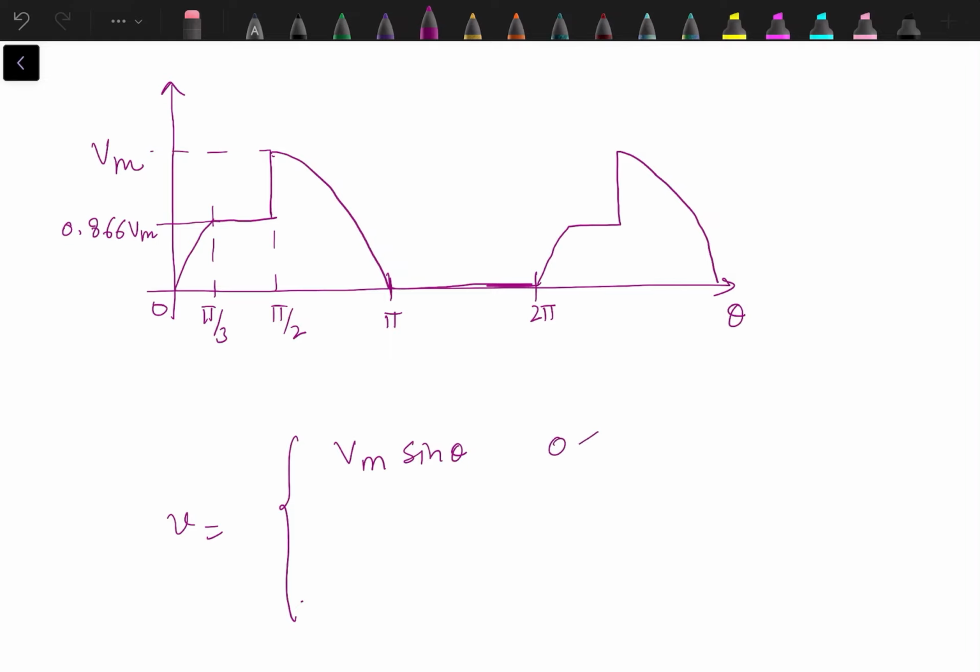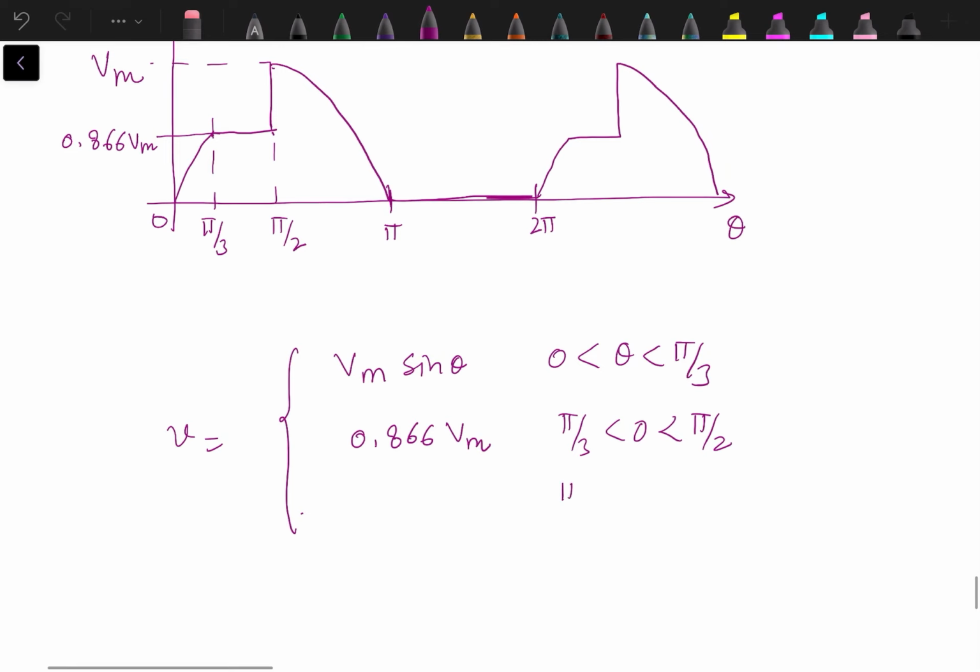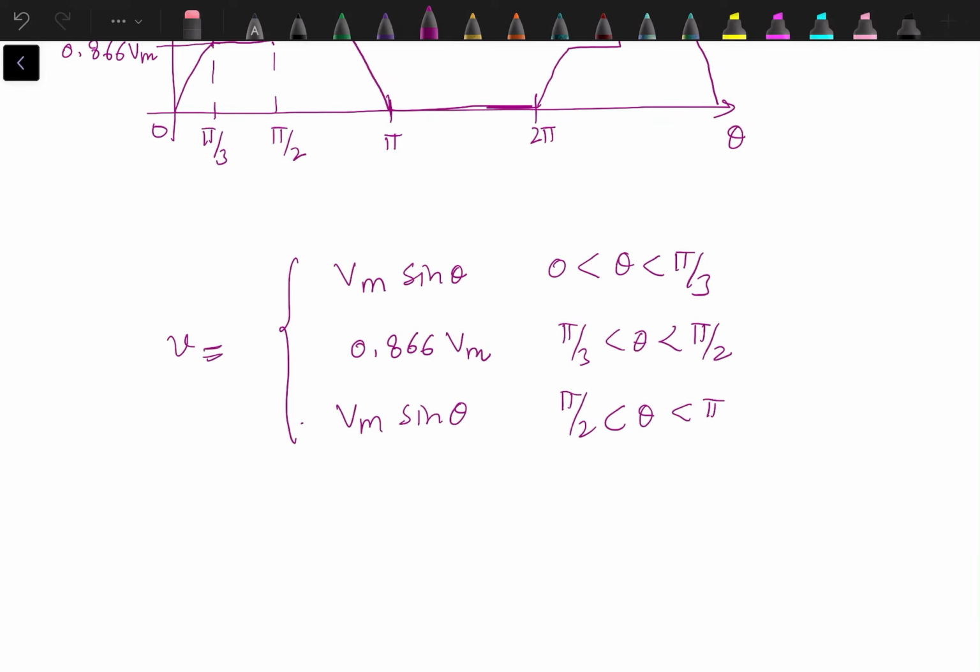From pi by 3 to pi by 2, it is 0.866 Vm. And then from pi by 2 to pi, it is again Vm sine theta. So we need to express the instantaneous voltage like this, or we can say V is a function of theta like this.